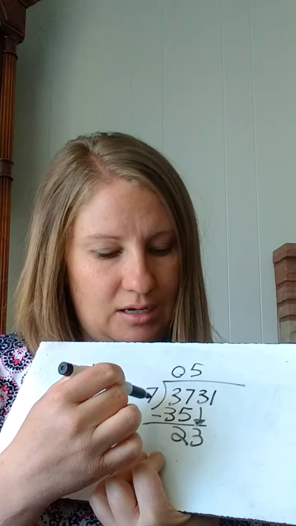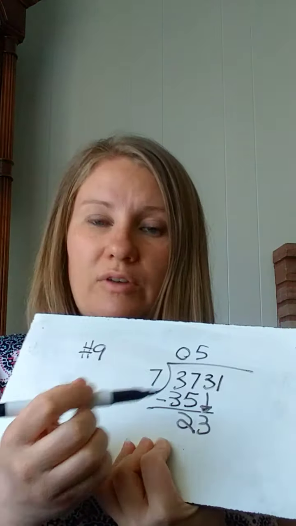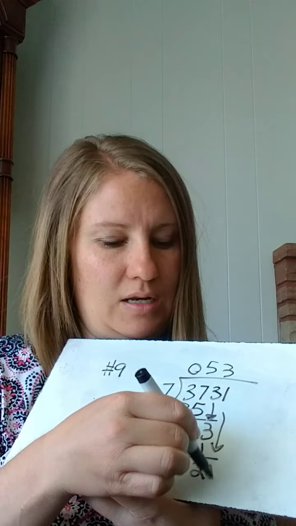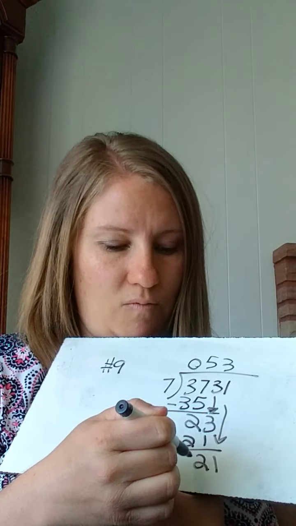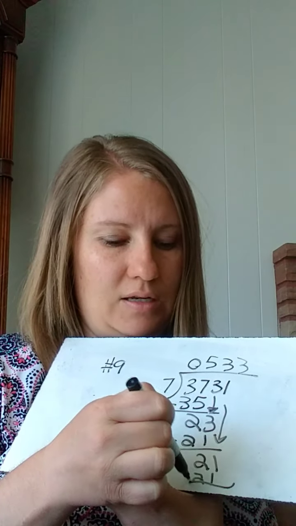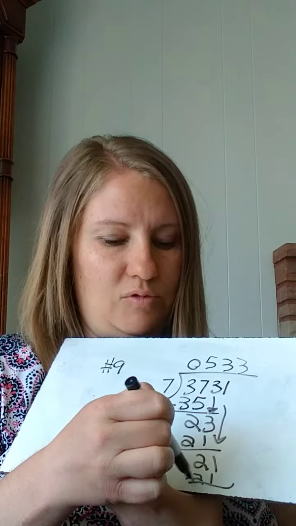So 7 goes into 23 3 times, which is 21. I subtract, and I get 2, and I bring down my 1. 7 goes into 21 3 times, 21, subtract, and I have no remainder. So there's our long division.